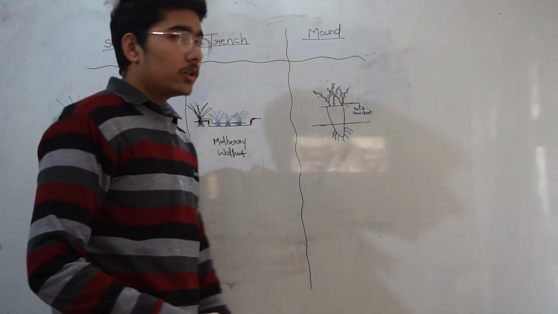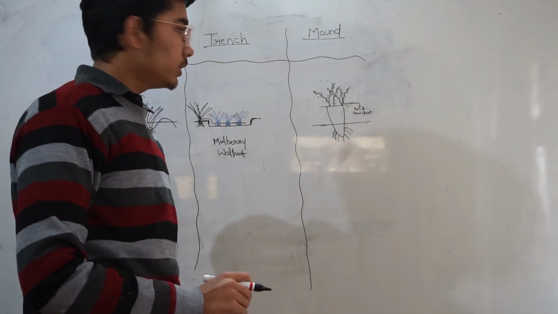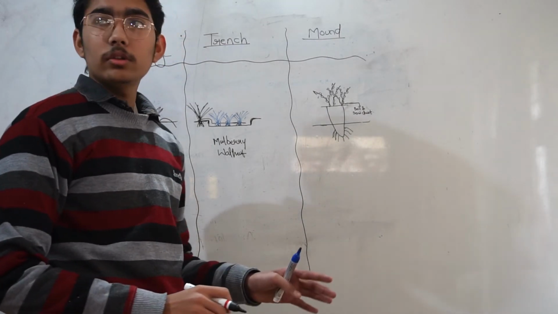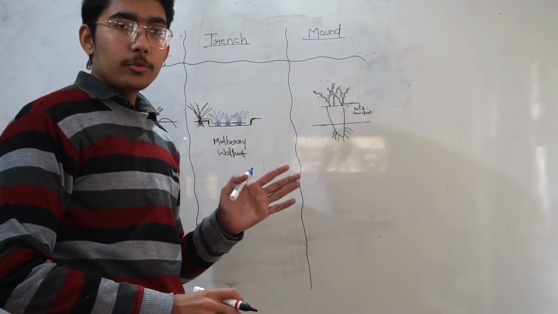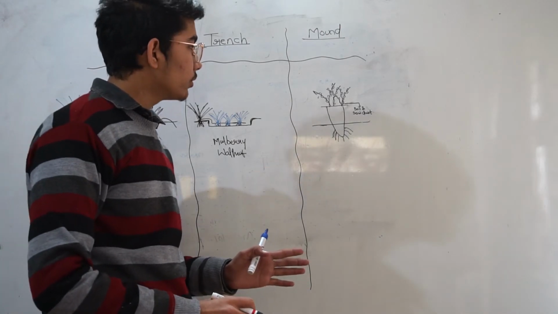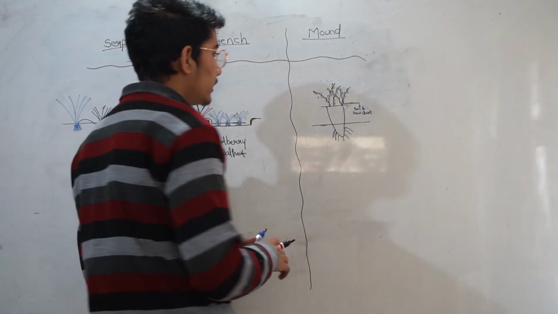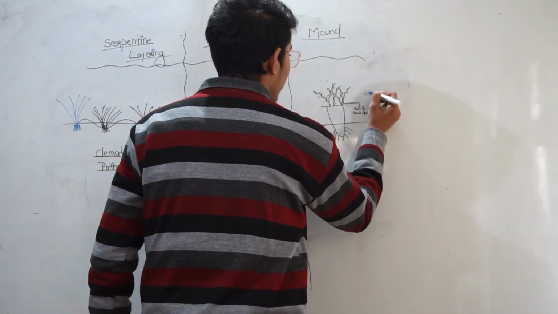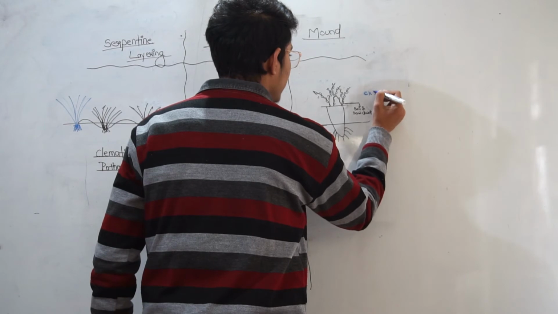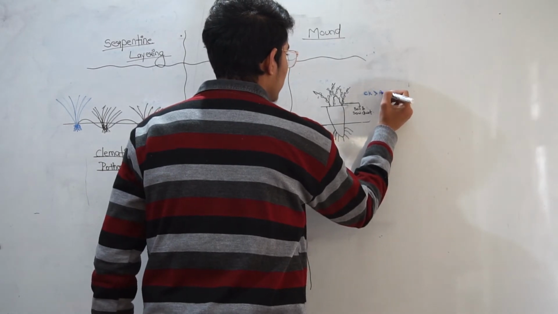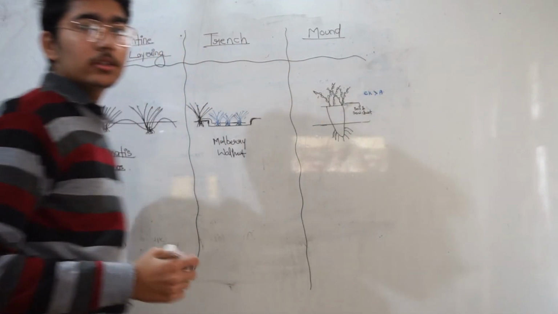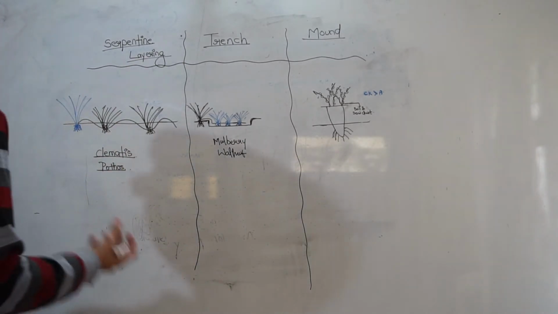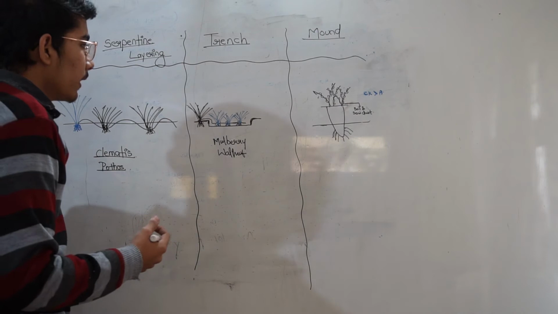So in the previous lecture, as I have already discussed, after cutting, the amount of auxin hormone is reduced. So here we can easily say that the amount of cytokinin is more than auxin. Here the amount of cytokinin is more than the auxin hormone.